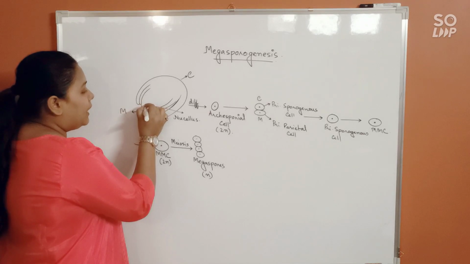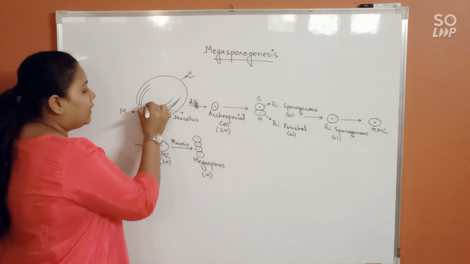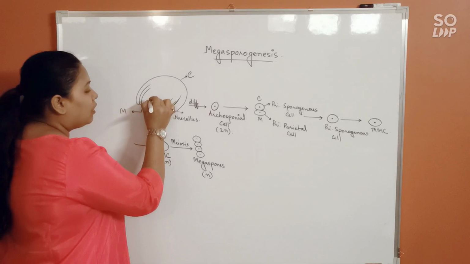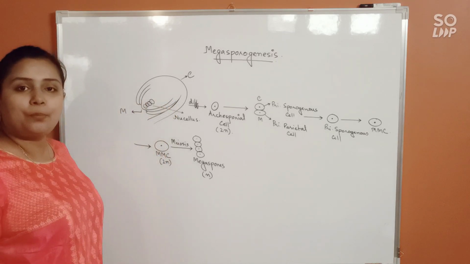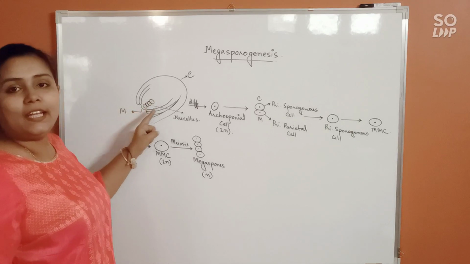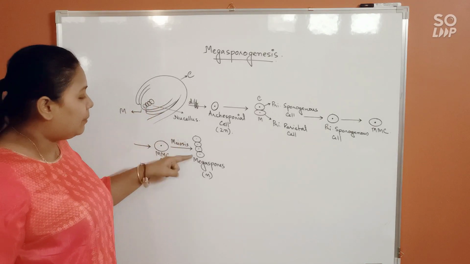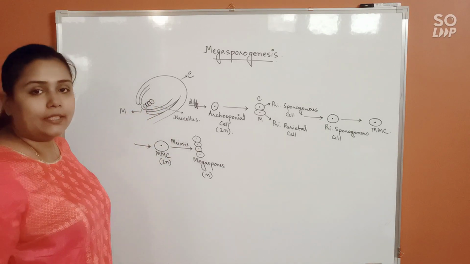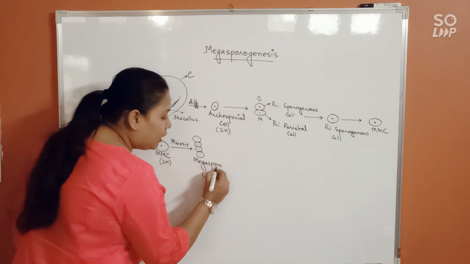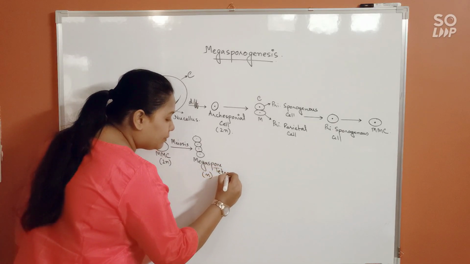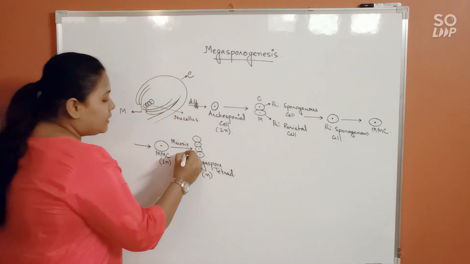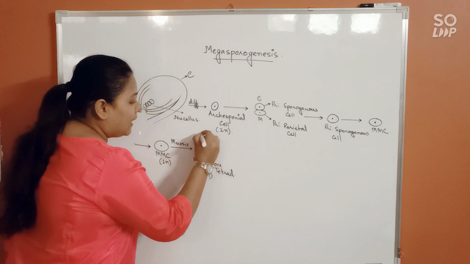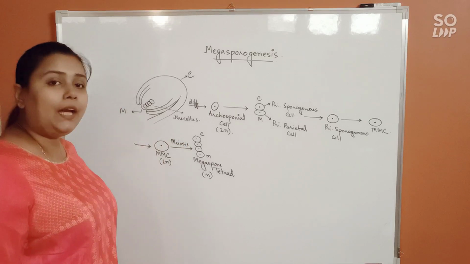Suppose this is the megaspore mother cell and it gives rise to 4 haploid megaspores which are going to be linearly arranged, and we call them the megaspore tetrad. Alright, now this is the micropylar end, this is the chalazal end.